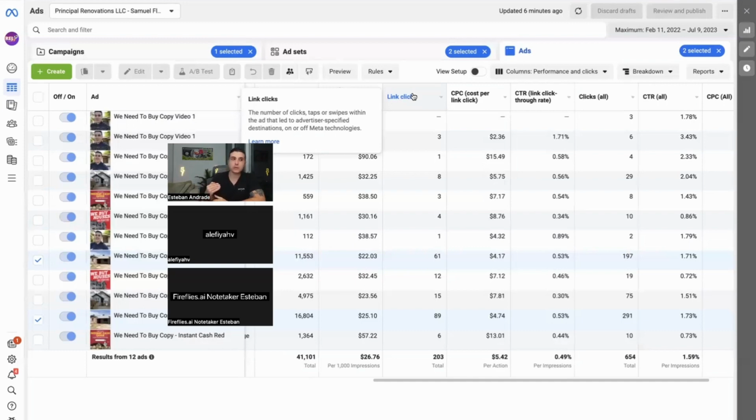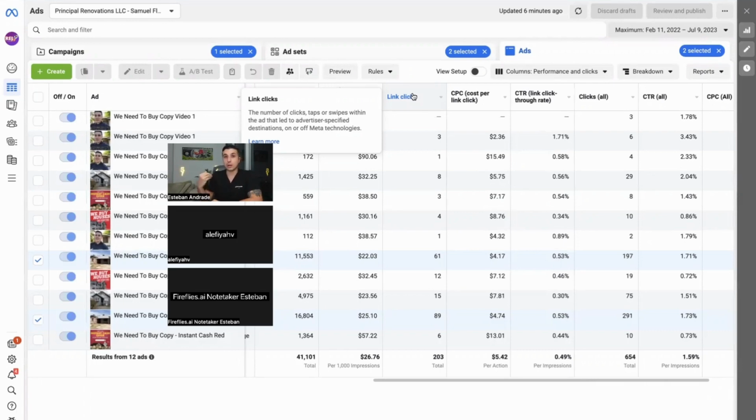So if we're not getting too many link clicks and we're reaching a lot of people, right? And there are a lot of impressions as well, there might be something wrong with the messaging. There might be something wrong with the offer. There might be something that is not attracting them. Maybe they're the wrong audience and we are reaching out to the wrong audience because we have the wrong messaging, because we have the wrong picture.